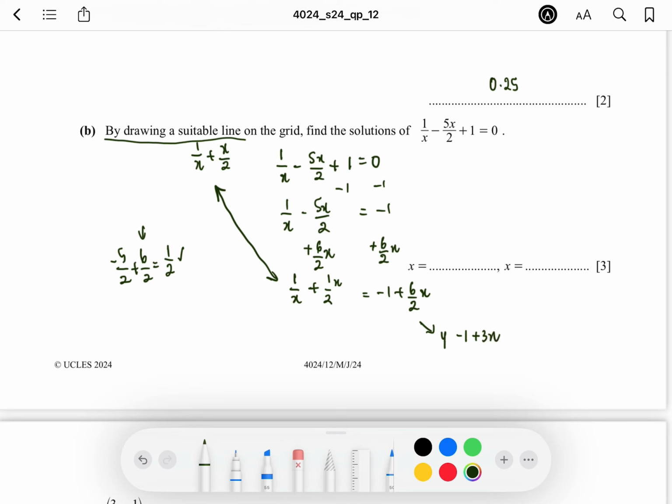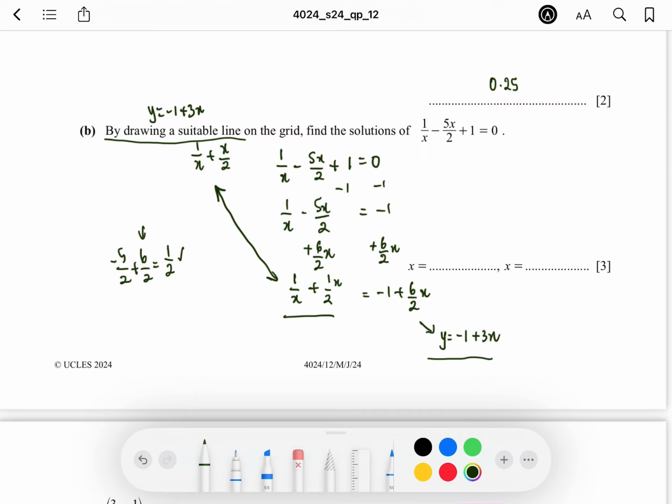So the straight line yang perlu ada adalah y equals to minus 1 plus 3x. Because remember, that's the one that we need to draw. Karena suruh draw. Artinya, in order for you to find the solution, is where the graph bertemu sama straight line. That straight line. So how do we draw minus 1 plus 3x?